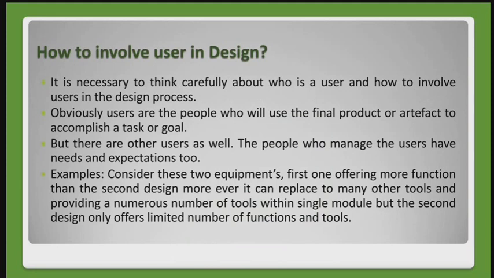For example, the total cost of the car should be 3 lakh to 4 lakh rupees, the production cost should be this amount, and the materials cost should be kept low. They calculate it this way before they design. So it is necessary to think carefully about who the user is. In the design process, the users are the people who will use the final product or artifact to accomplish a task or a goal.